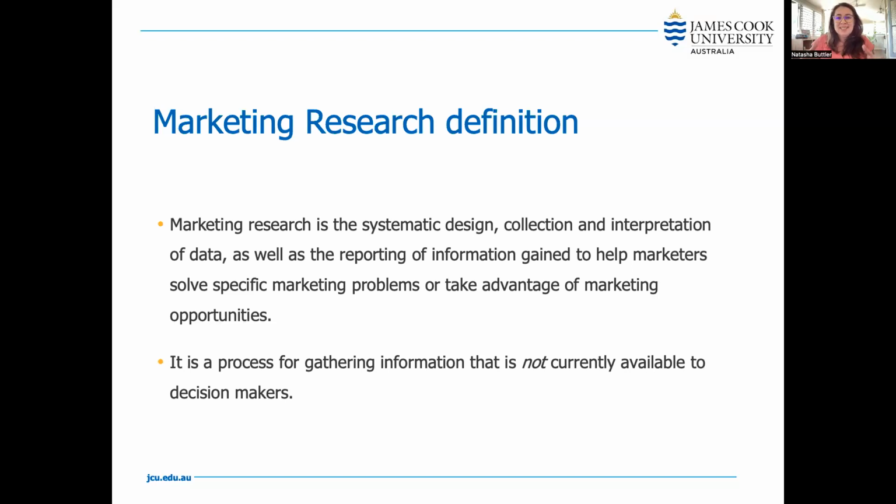That means it should be detached and unbiased, because it's not what we think, it's about the outcomes of our research. Market researchers should not attempt to support preconceived ideas or fulfill their own agenda by undertaking the research. But by providing appropriate information, research is a tool that can be used to guide managerial decision-making.